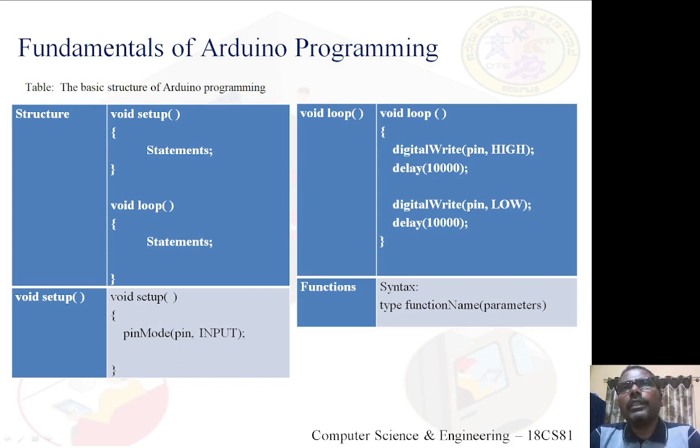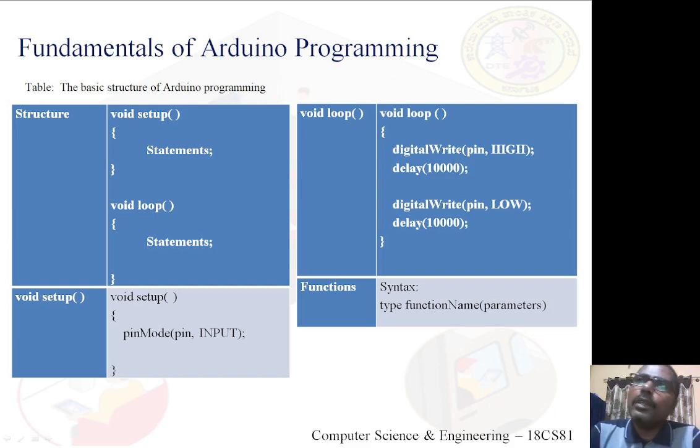Now let us look at loop. I've taken one example for loop, and the code is: digitalWrite(pin, HIGH), delay(10000), digitalWrite(pin, LOW), delay(10000). Here, one pin labeled as pin is configured as output.